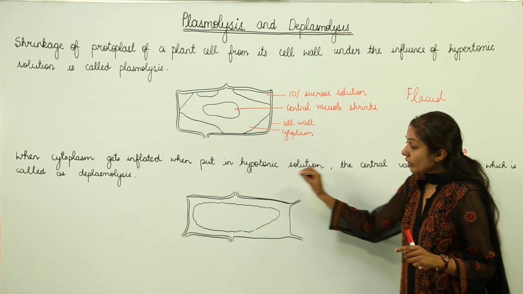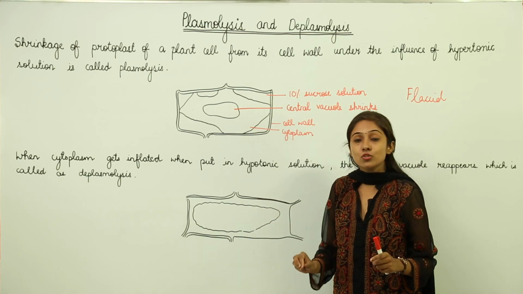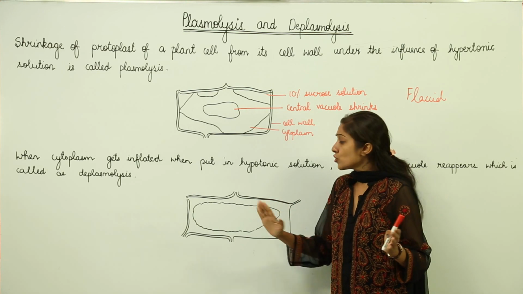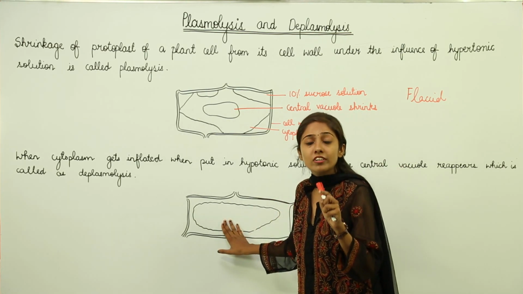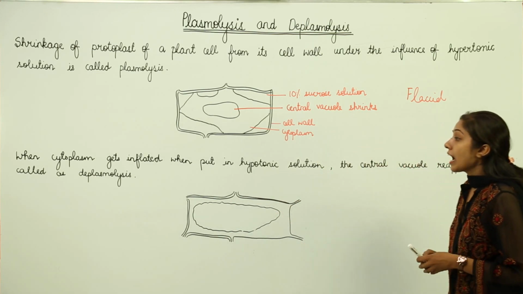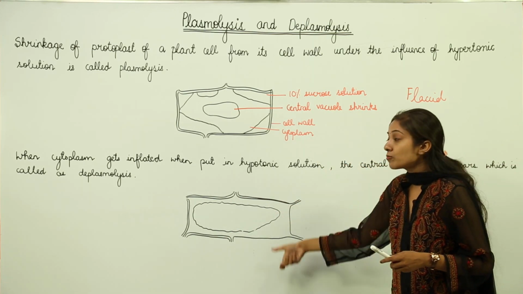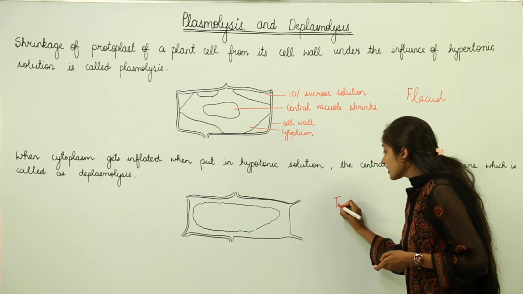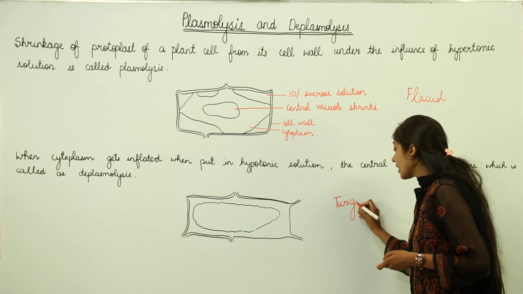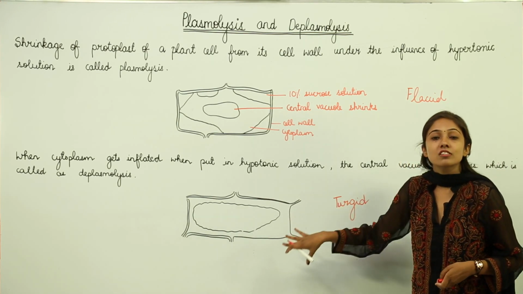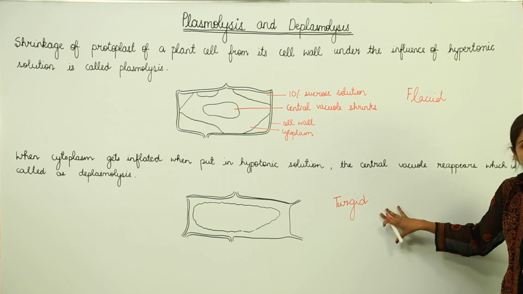So, water is going to enter into the cell, which is going to make this cell completely distended, means it has no capacity that more water molecules can enter inside. So, this stage is known as a deplasmolysed stage, or more properly a turgid cell, or the process is known as turgidity. It is a turgid cell and the process is known as turgidity.